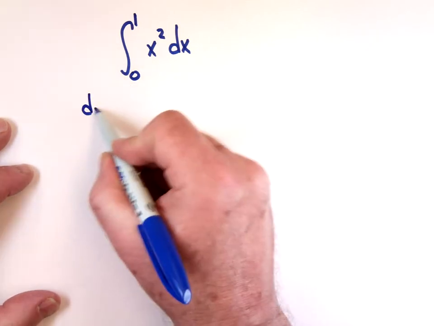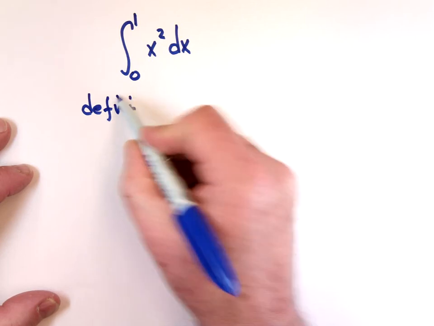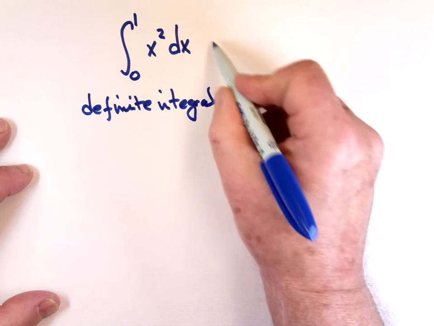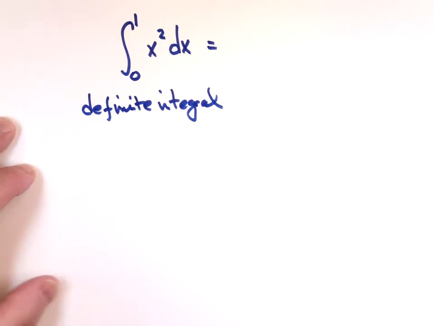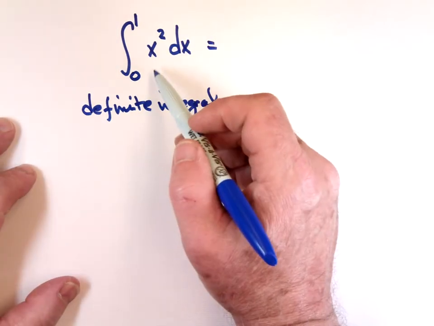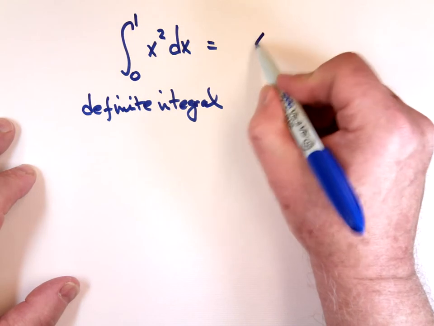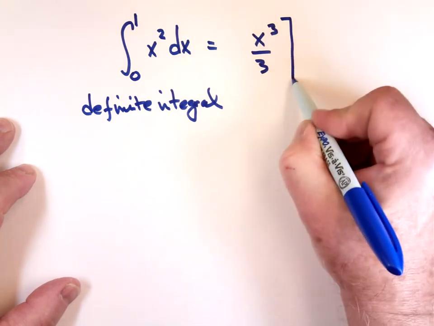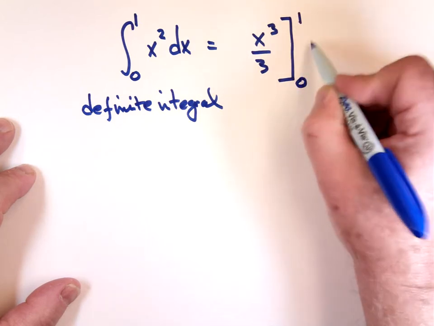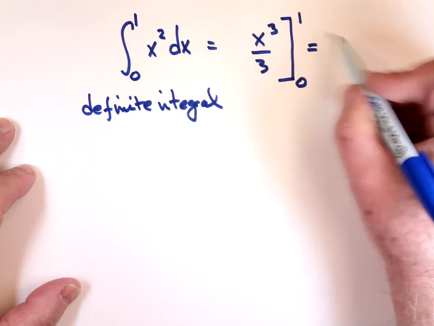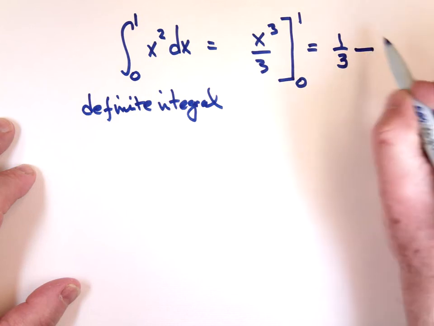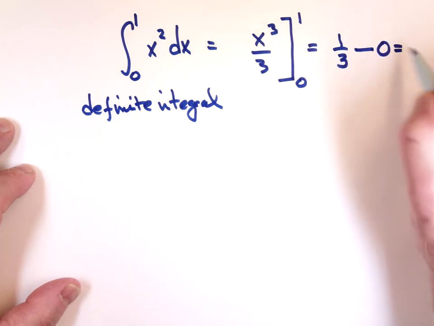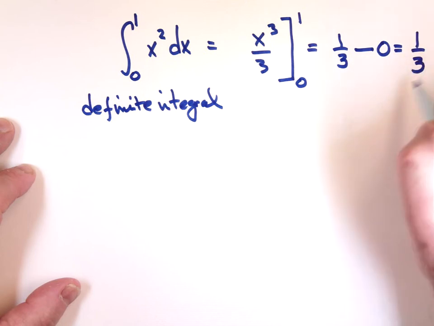What you do is find the antiderivative of x squared, which we know is x cubed over 3. Then replace the x with 1 and subtract replacing x with 0 to get 1/3. This replaces all that infinite sum.